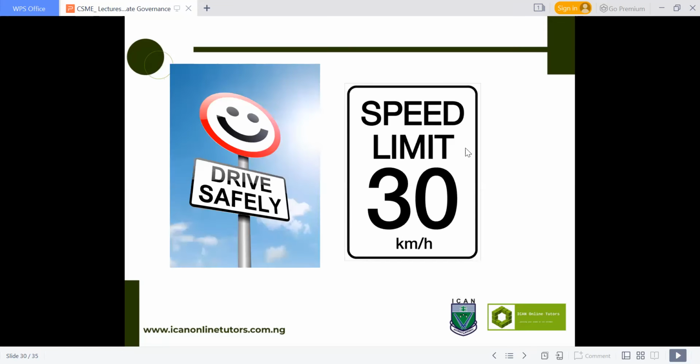Now look at this. We have drive safe, and we also have speed limits. Which one do you think is principle based? Which one do you think is rule based? Look at this image.